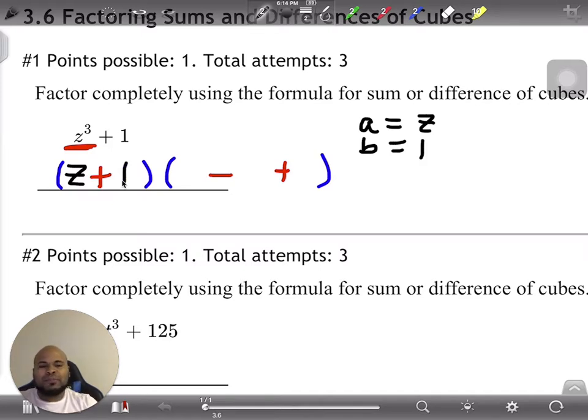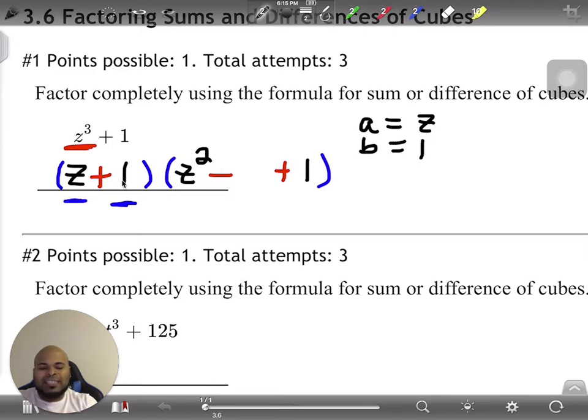Now I forget about the problem and I only look at my new a and b. And I take the first one and I square it. So this is going to be z squared at first. Take the last term and square it, which is 1 squared. So 1 times 1 is just 1. And then in the center, I'm going to multiply both of them.